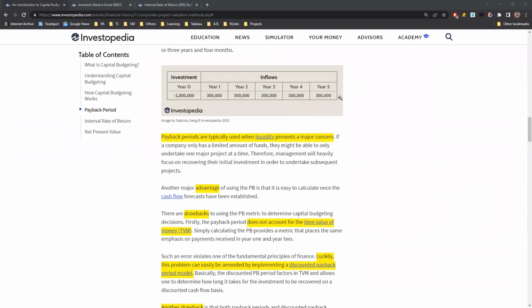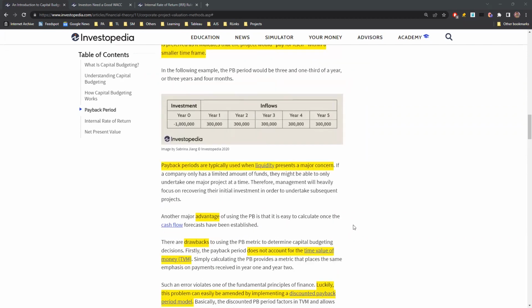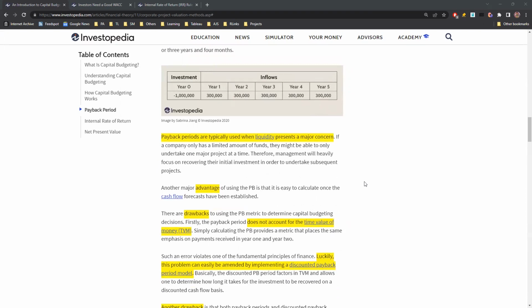That is adding to the profit of the company. So we have invested 1 million, but whatever extra 500,000 we are getting is adding additional value to whatever the company currently has, right? The payback period is not able to capture that additional value that is getting added by the project. So that is one.